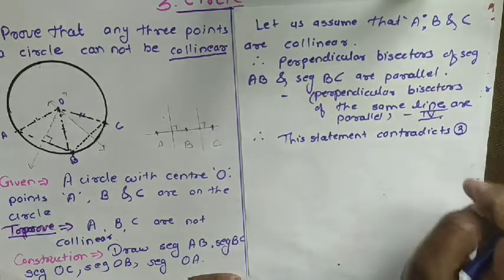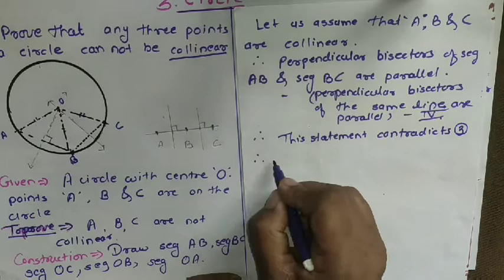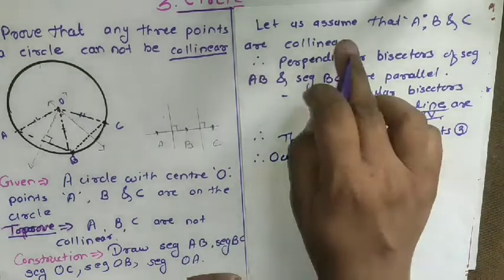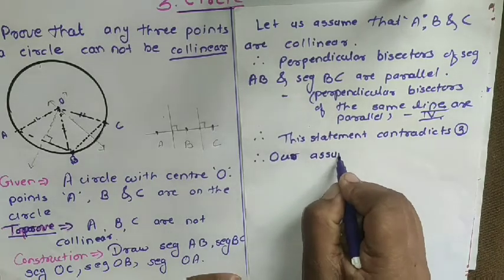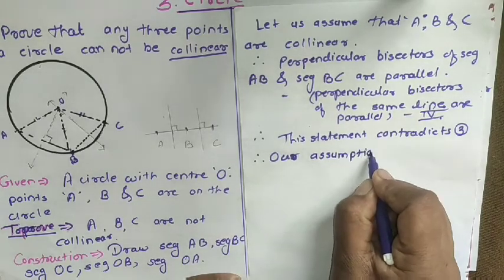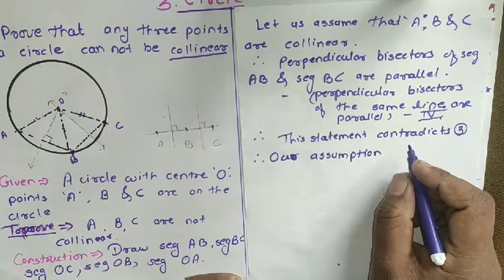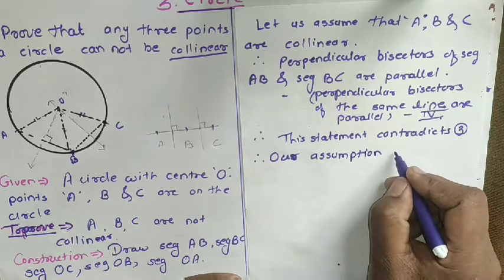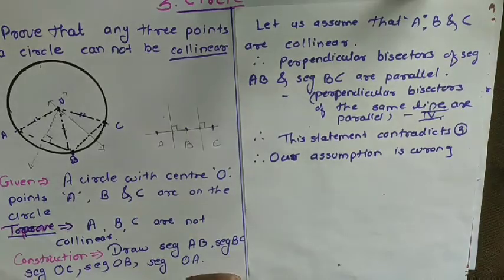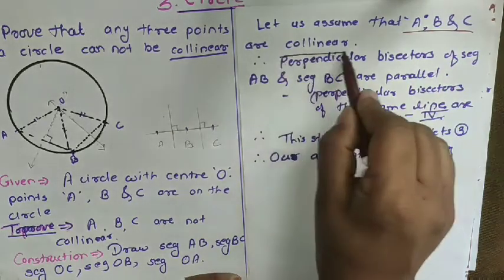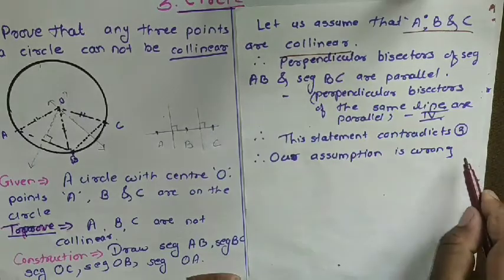Okay, and if these two contradict each other, therefore our assumption is wrong. Which is our assumption? That these 3 points A, B, C are collinear. That is our assumption and it is wrong.